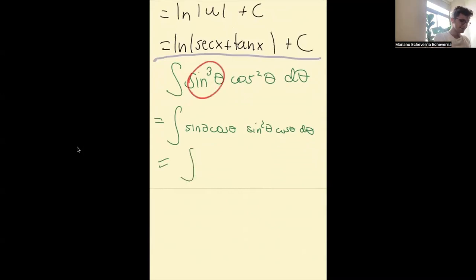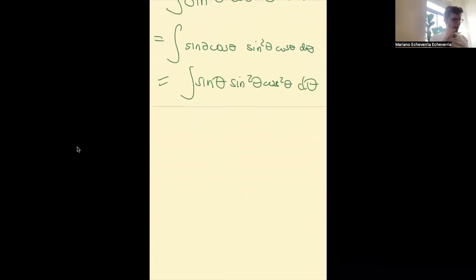What does make sense is to break this sine cubed as sine times sine squared. The reason for that is that you can now make, for example, u equals cosine of theta.